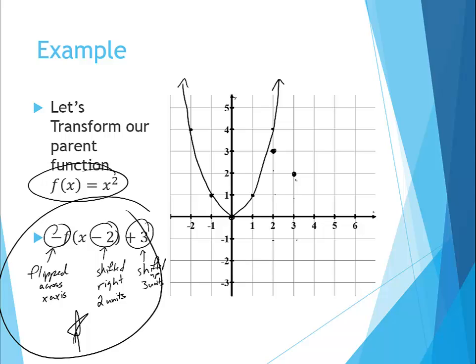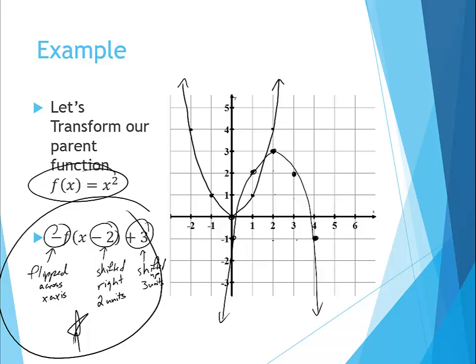And then the 2, 4 point is going to reflect across the x-axis, shift 2 units to the right, and then up 3. And that is one side of your graph. And now the other side is going to be right here and here. So that is the reflection.